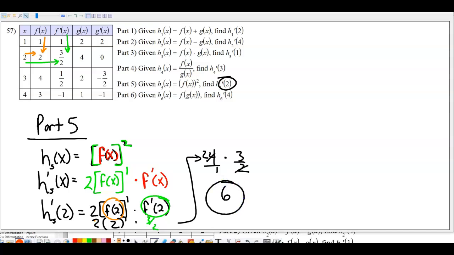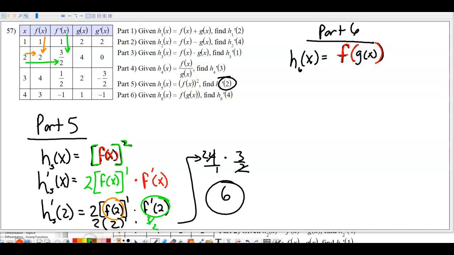All right, let's go ahead and take a look at part 6 now. Part 6, my function, is another composite function. So once again, we're going to be doing the chain rule. My outside function is the f.